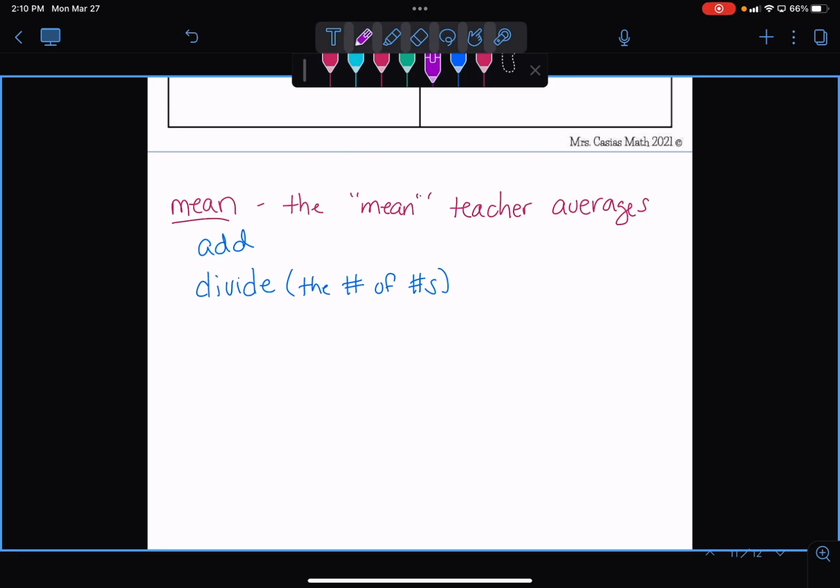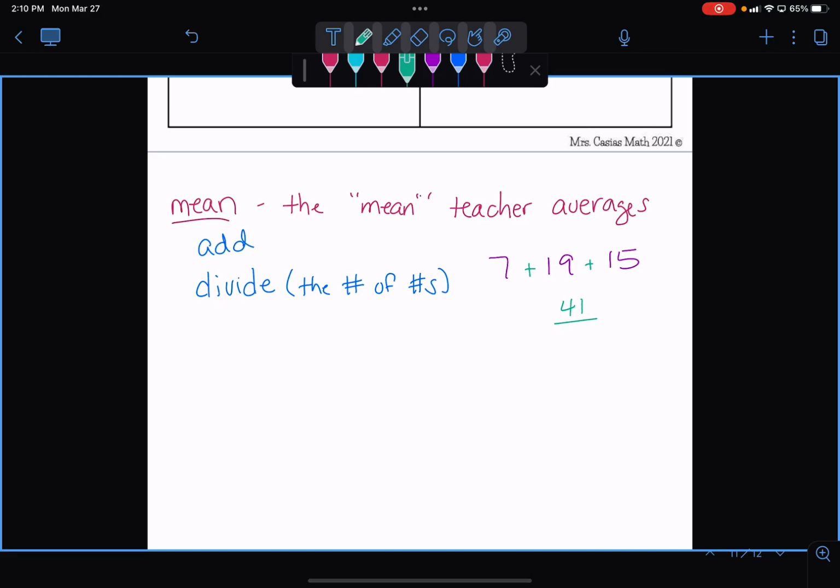So if I gave you the numbers 7, 19, and 15, what would the average be? What do you need to do? Add them up. Y'all have calculators. I don't. What do you get when you add them up? 41?